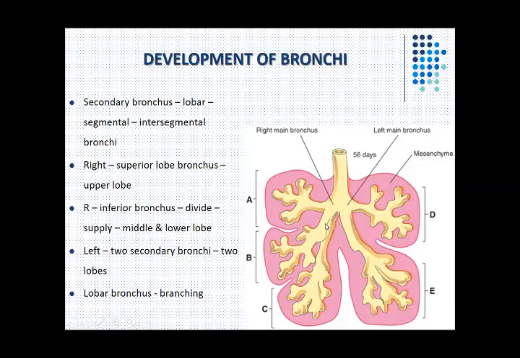The inferior bronchus divides into two bronchi. The upper one goes to the middle lobe, and the lower one goes to the lower lobe. On the left side, you just have two secondary bronchi that go to the upper lobe and the lower lobe. ठीक है. उसके बाद ये जो secondary है ये tertiary and then lobar bronchi and so on, you know very well.